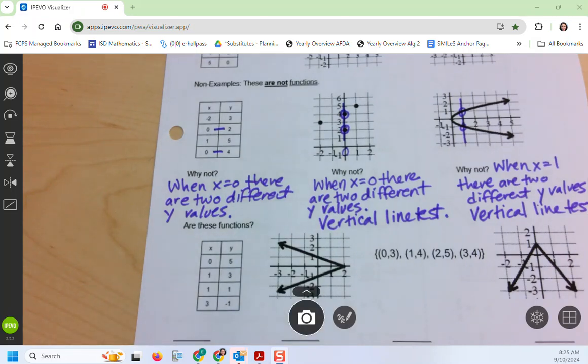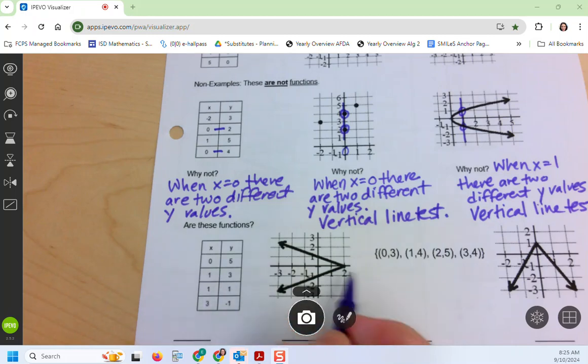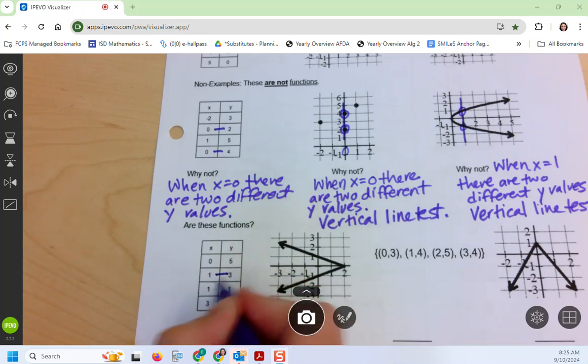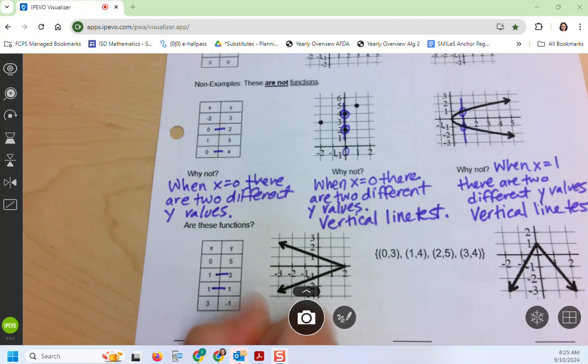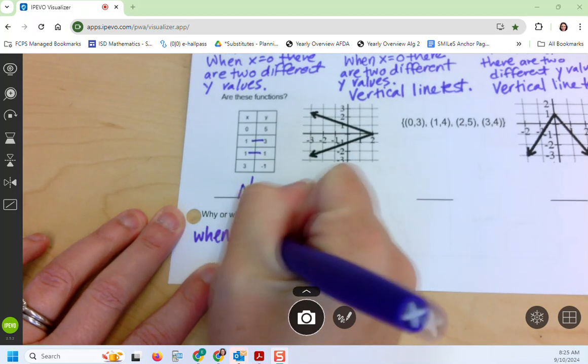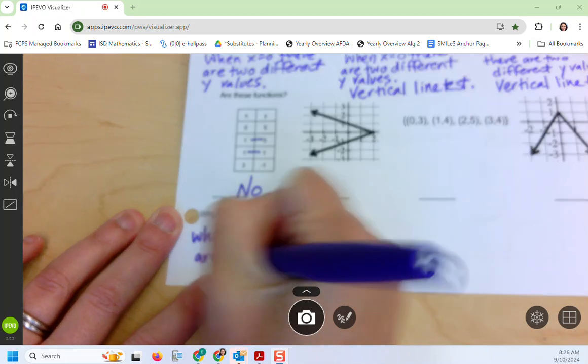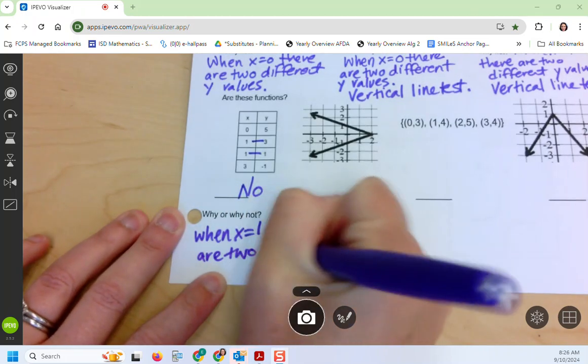All right, first one, function or no? Yes or no? I heard no. Anybody want to agree with no? All right, let's take a look. 0, only 1 0. 1, oh, there was a problem, right? So that was a no, because when x equals 1, there are 2 y's.